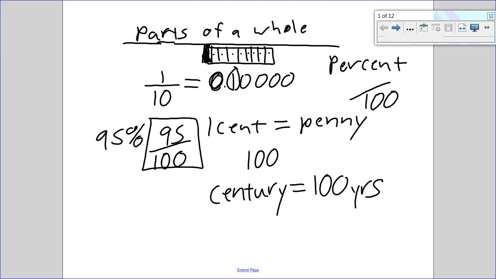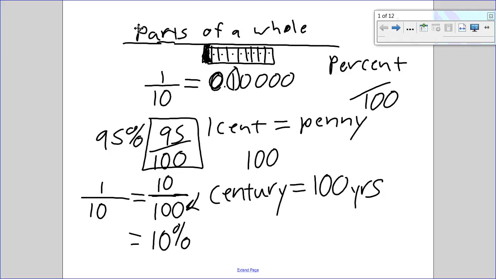Okay? If we continue with our 1/10, well, 1/10 has an equivalent fraction out of 100. And that will be percent. 10 per 100, or percent, okay, so it's going to equal 10%, which is also going to equal 1/10, right?